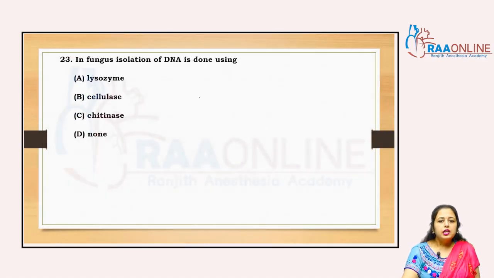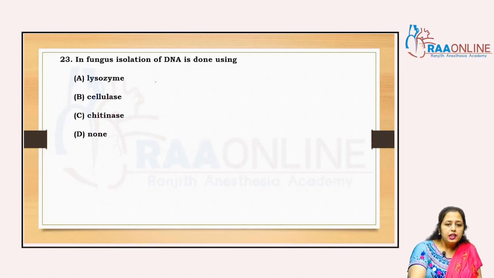23rd question. In fungus, isolation of DNA is done using what? That is the method for the isolation of the genetic material, that is DNA. As we know, this can be achieved by treating the bacterial cell, plant cell or animal cell with enzymes.